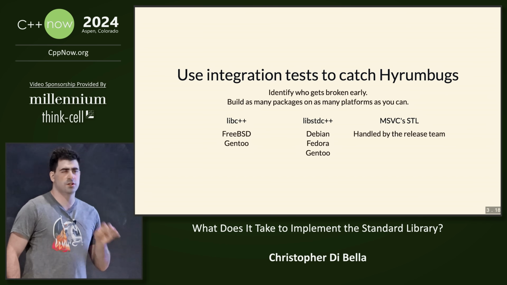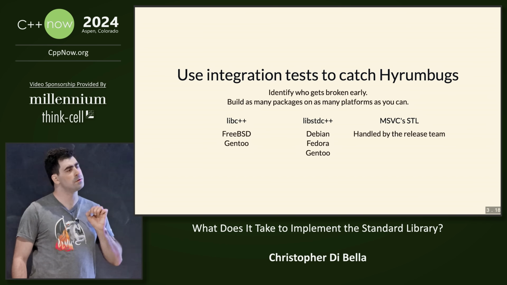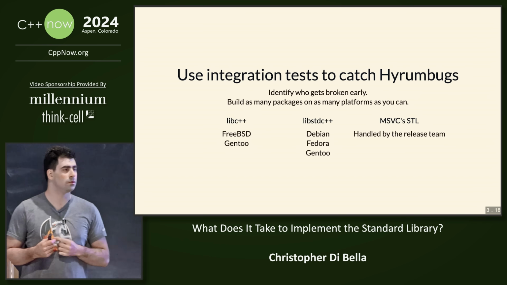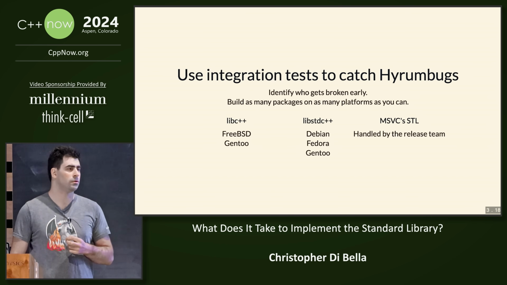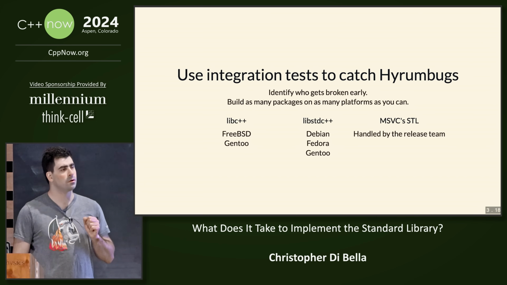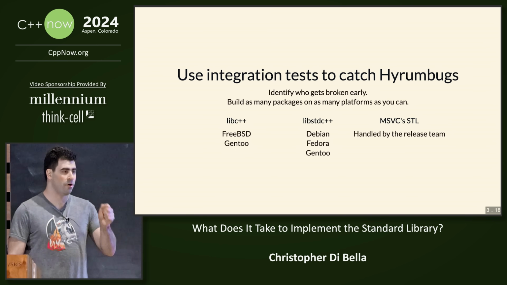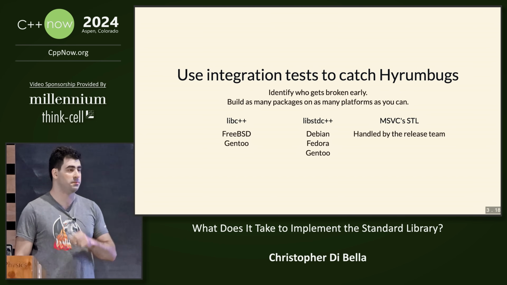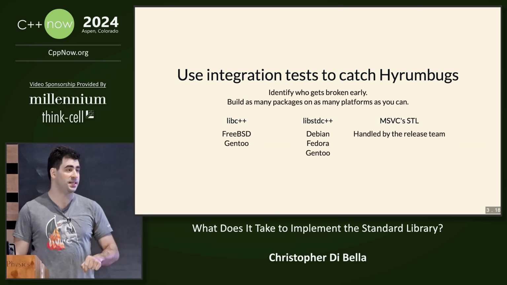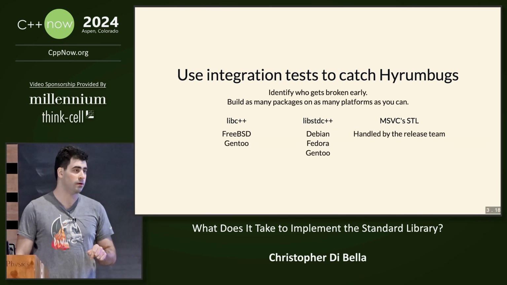So the question is, are you actually using Debian or Fedora, just trusting that they are building it with this? I see the question now. Thank you. So the question is, are we trusting that the operating system is being built with this particular implementation of the standard library? Yeah.